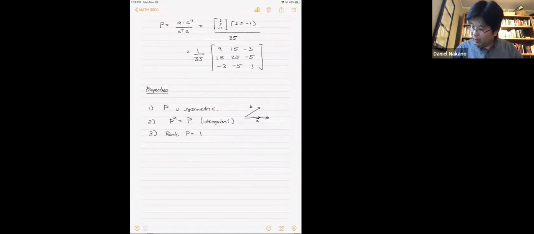And then what is the column space? What's the image of P?